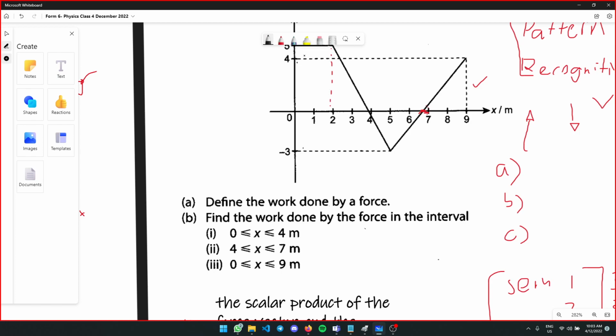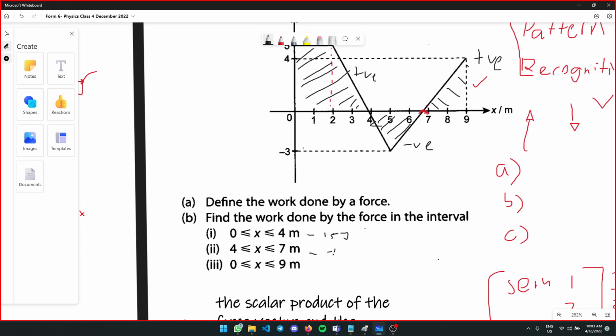This will be the area under the graph. Area under the graph from 0 is positive, here will be negative, and then 7 to 9 will be positive. I think you should get 15 joules.